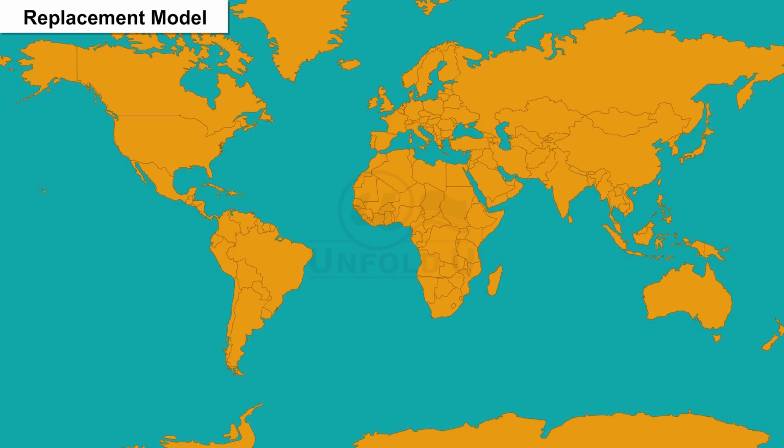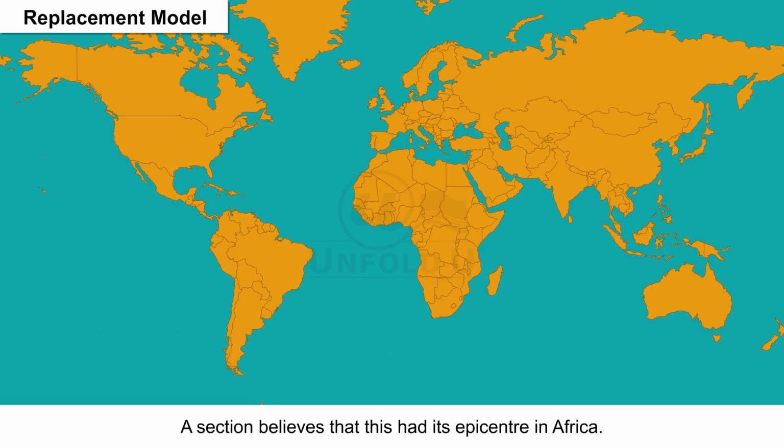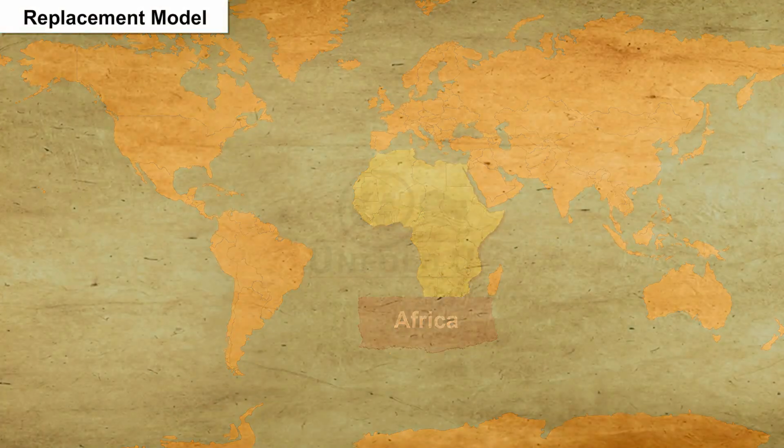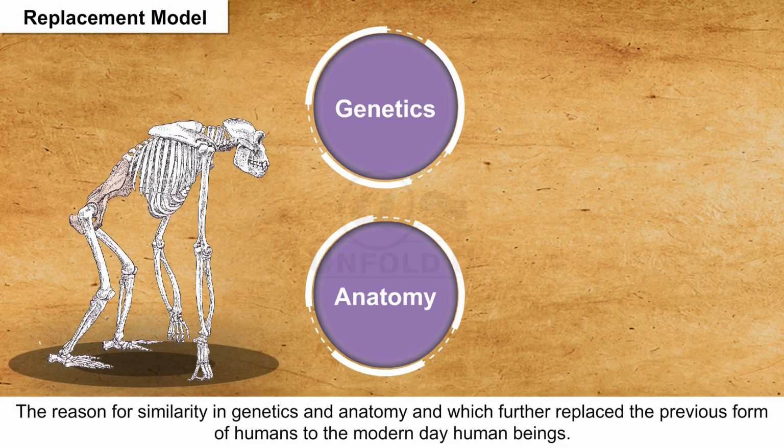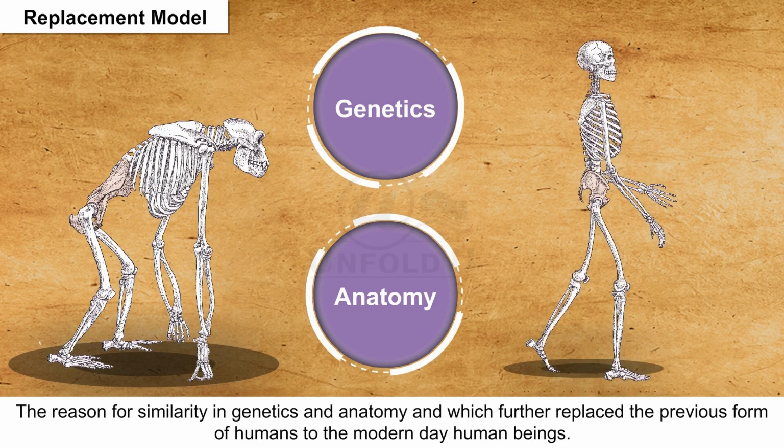Replacement model. A section believes that this had its epicenter in Africa, the reason for similarity in genetics and anatomy, which further replaced the previous form of humans with the modern-day human beings.